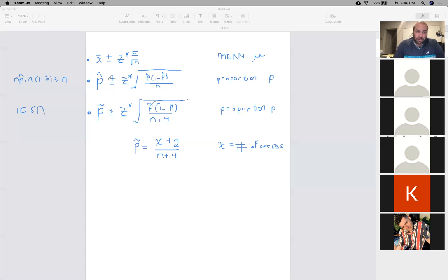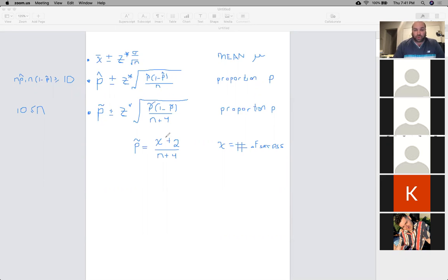Now, when you take your sample, you have 2 possibilities. Either n p hat and n times 1 minus p hat are greater than or equal to 10. In that case, I would use this formula right here.